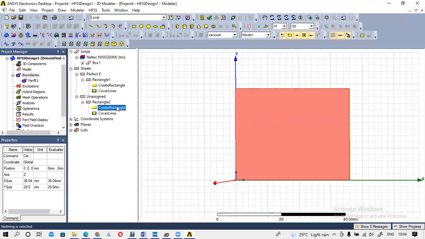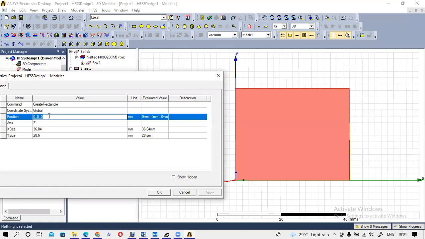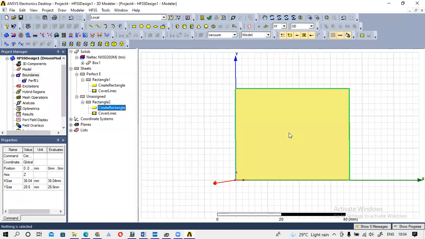So we have to get it on top of the dielectric material, so we have to put 0.762. And it has the same dimensions.